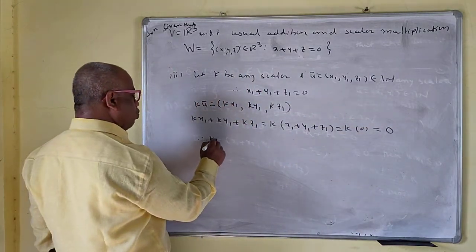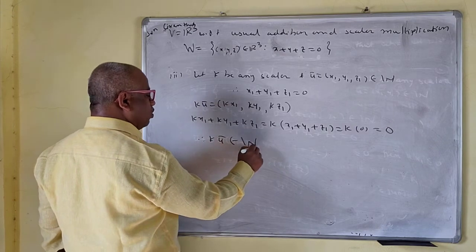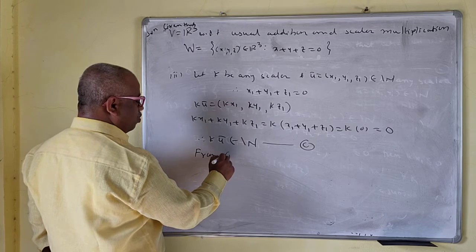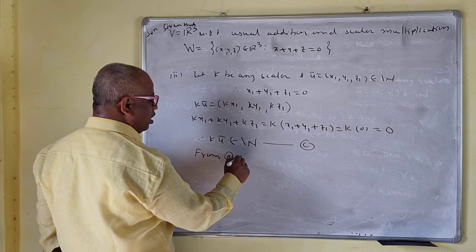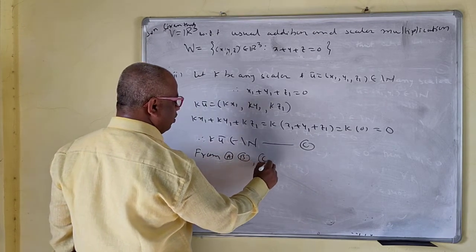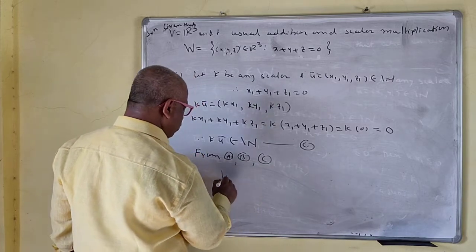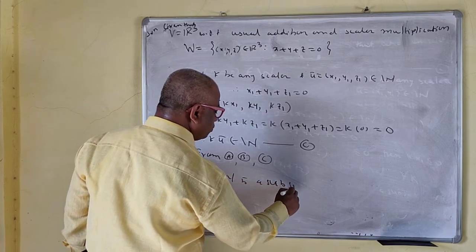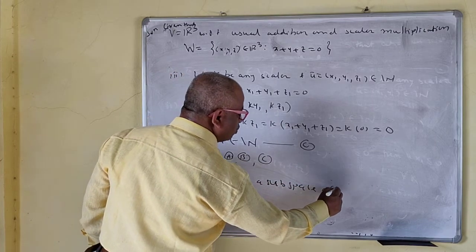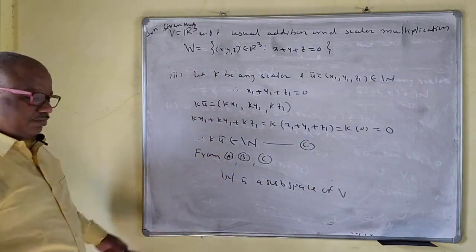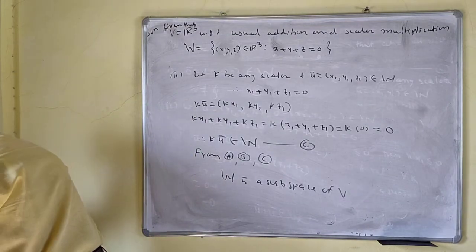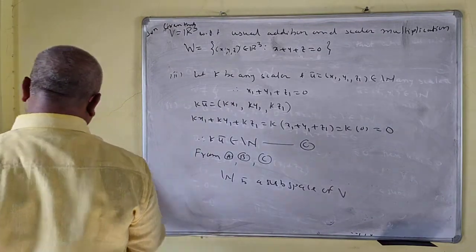Therefore K u bar belongs to W. We call this as C. So from A, B, C, W is a subspace of V, or R3, whatever this is. Now we'll take the next one.